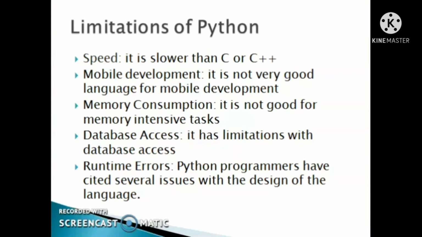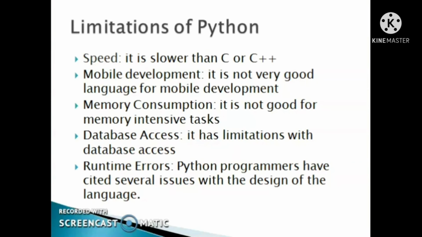Database access. It has limitations with database access as compared to popular technologies like Java Database Connectivity and Open Database Connectivity. Python's database access layer is found to be a bit underdeveloped and primitive.